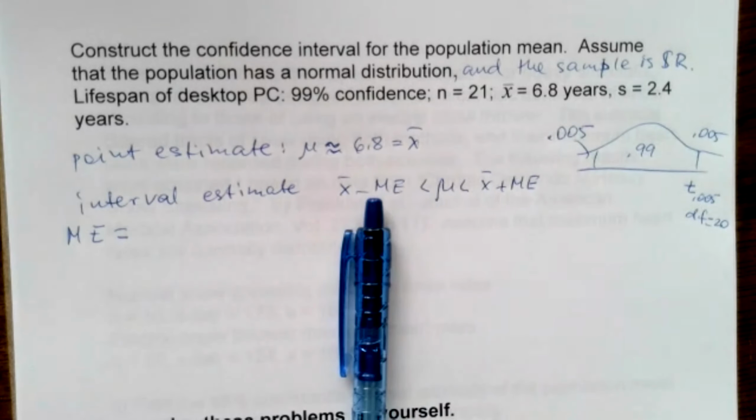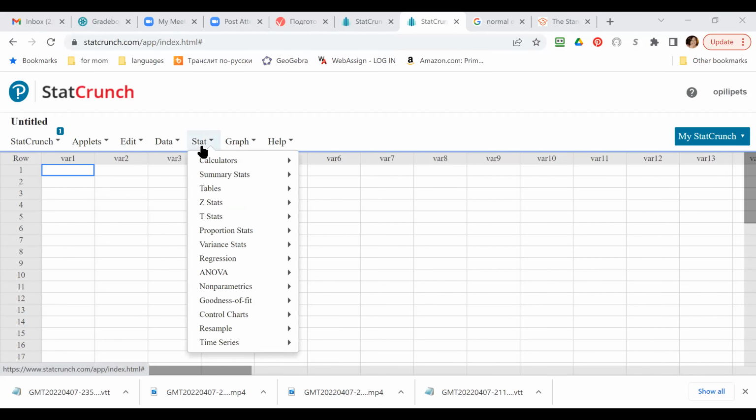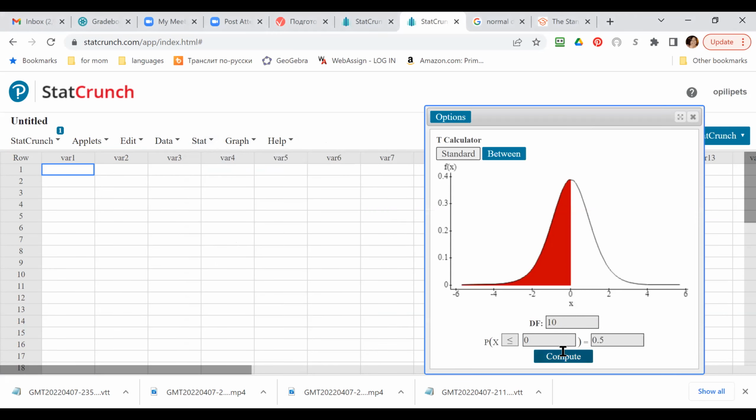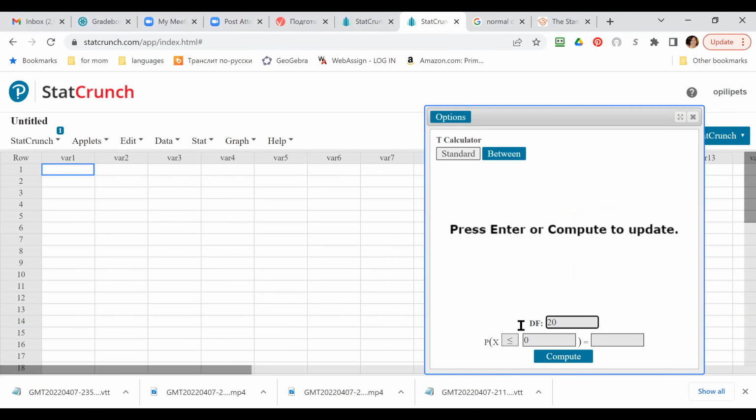So we're going to go to StatCrunch, and this time I'm going to open the t distribution calculator and put in the degrees of freedom and the area.